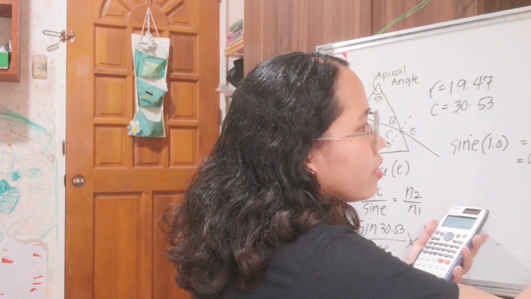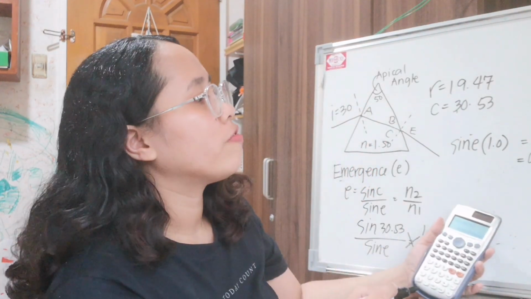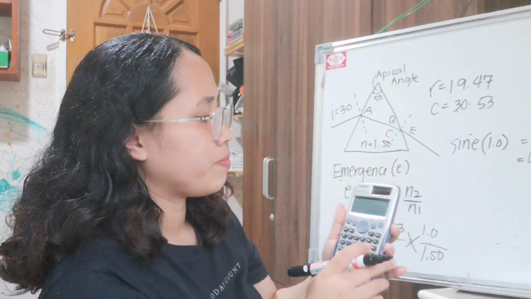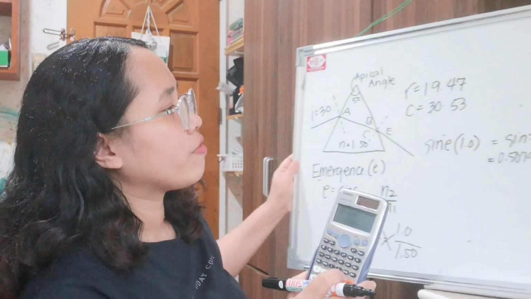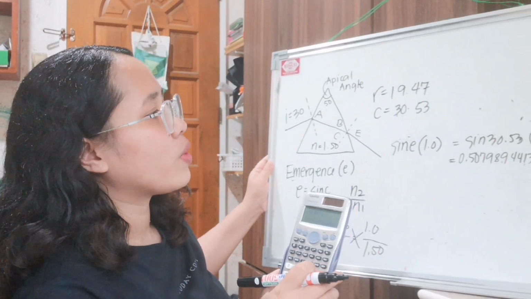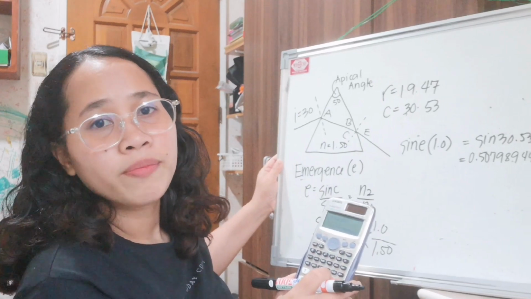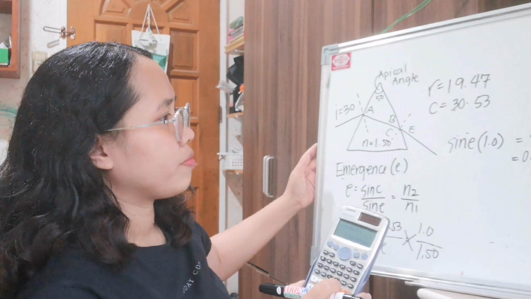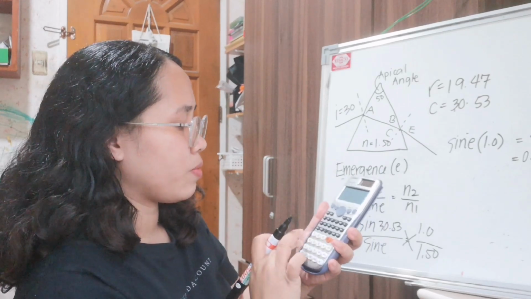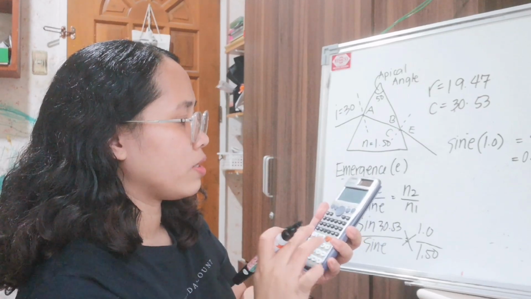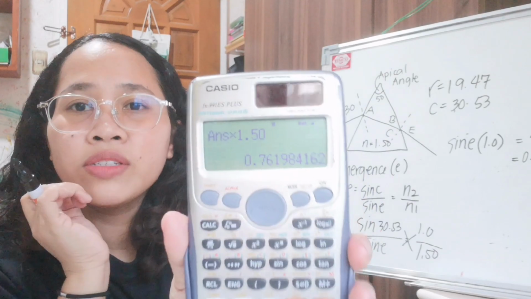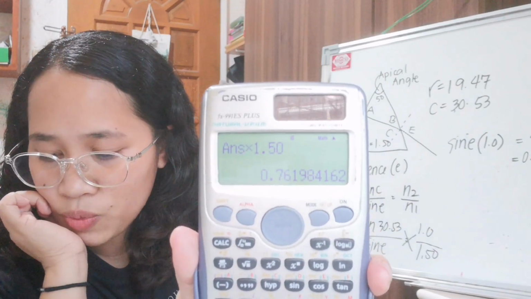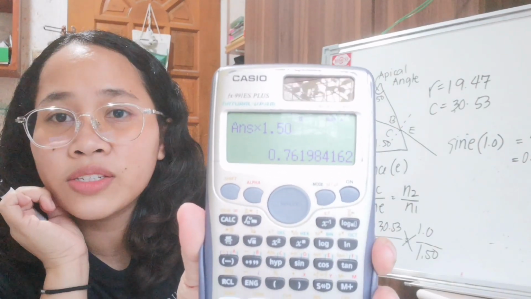So again, don't round off in the middle of the computation. So 0.5079894413 times 1.50 equals 0.7619846162.